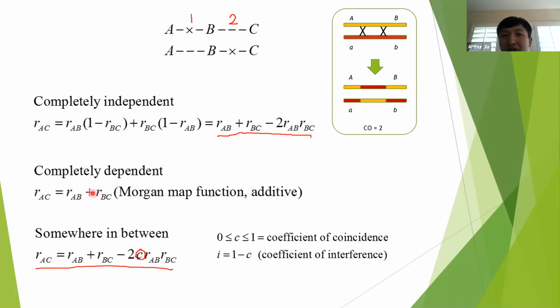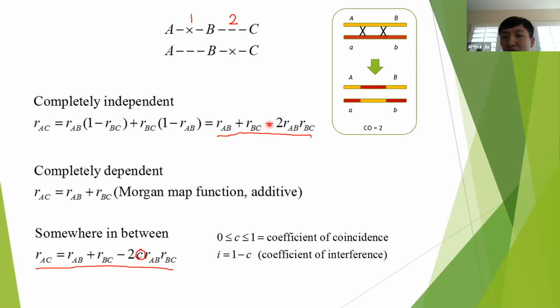So one crossing over will completely prevent another crossing over in the same region. So if I equals 0, sorry, if I equals 0, that means there's no interference at all, right? And then C equals 1, and this formula will be equivalent to this formula, right?